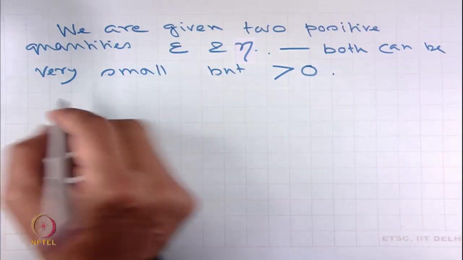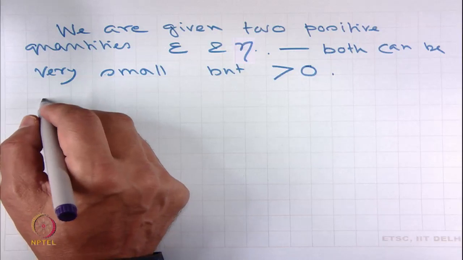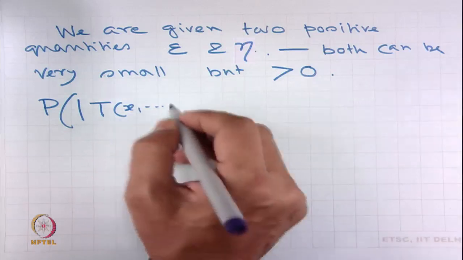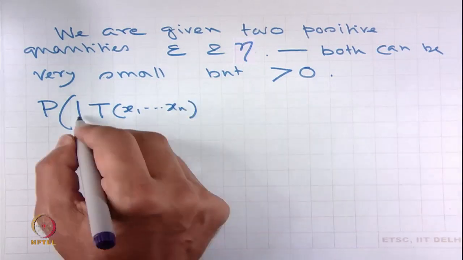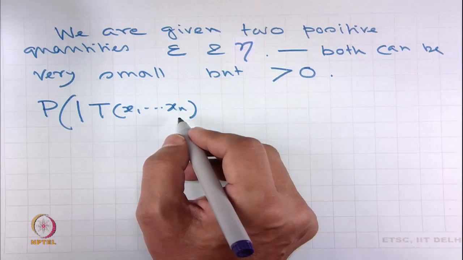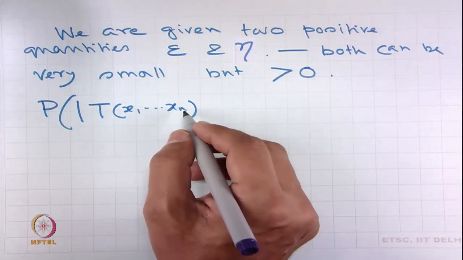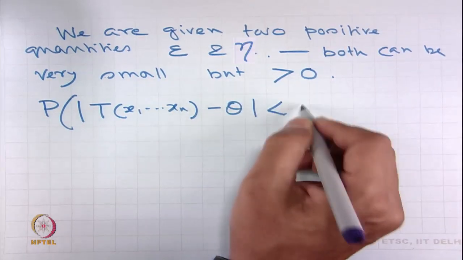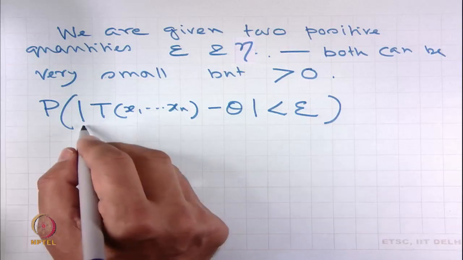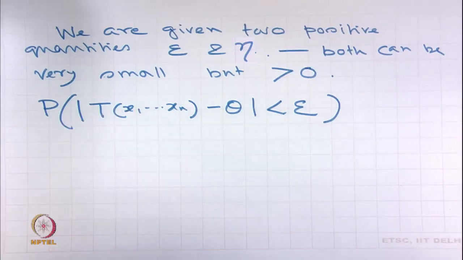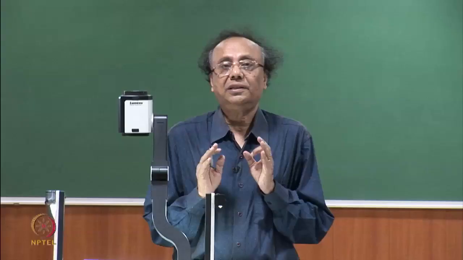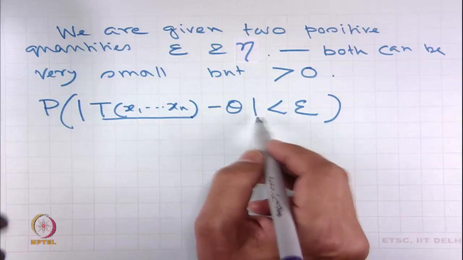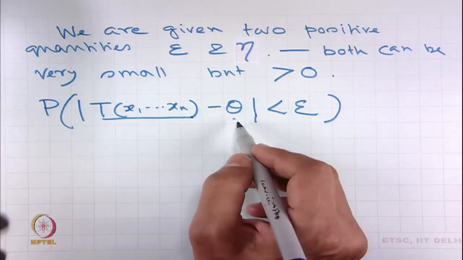So, the definition says that probability of T of x1, x2, up to xn, the obtained value of the statistic from the sample of size n, minus theta less than epsilon. So, this is the event. You have the n samples, we have calculated the statistic, and we are saying that this statistic should be very close to the actual value of the parameter.